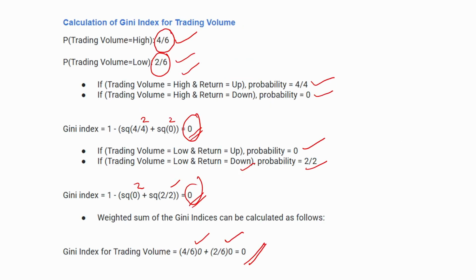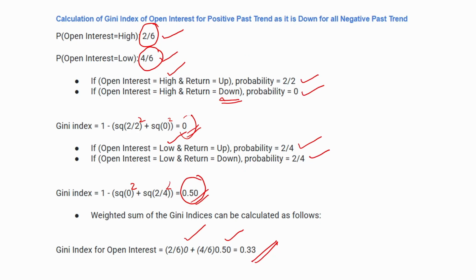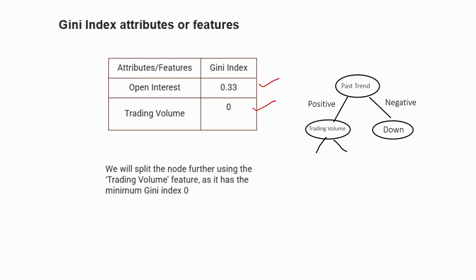So when you compare these two, we know that trading volume is having the lowest Gini index. So that should be our next decision node. So past trend positive we have considered, then the next node is trading volume.